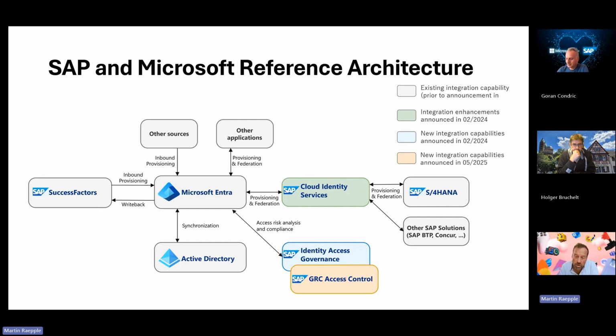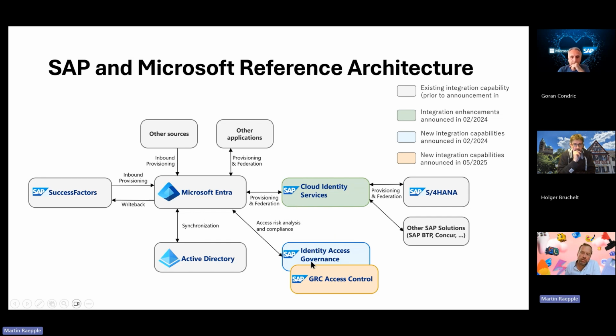So we already had good working integration. However, that is enhanced now, and we provide jointly further development on both sides to improve the integration between Entra and Cloud Identity Services for provisioning and federation.